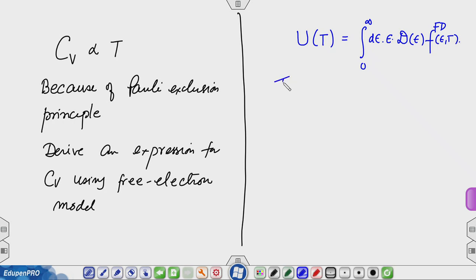This is the total energy of electrons at temperature T.